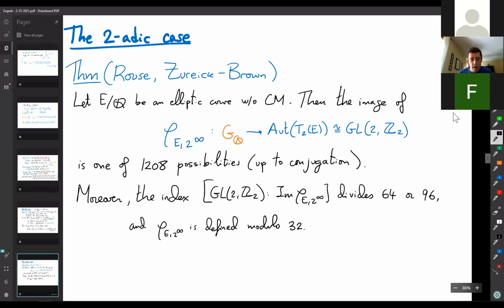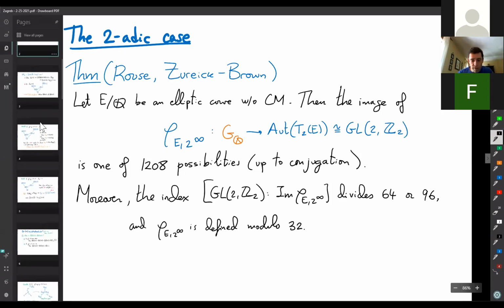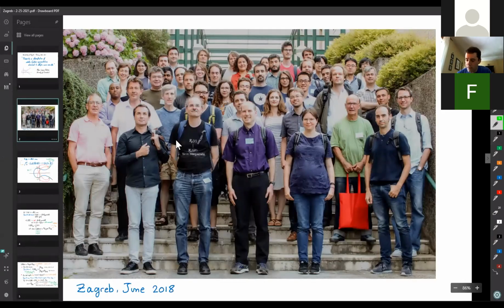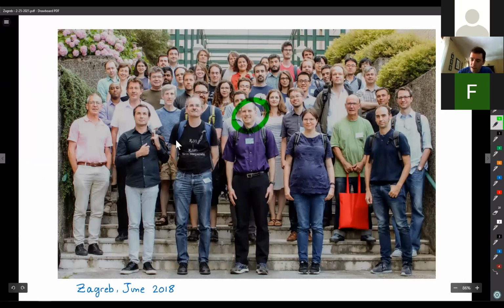Let's see. Rouse and Zureick-Brown were at the conference in Zagreb. Where are they? Here is Jeremy, and here is David Zureick-Brown. All right, very good. Oh, Sutherland also appeared. Maybe his name didn't appear here, but Sutherland and Zywina also classified, also depending on Serre's conjecture, the possibilities for the mod p image of a Galois representation.